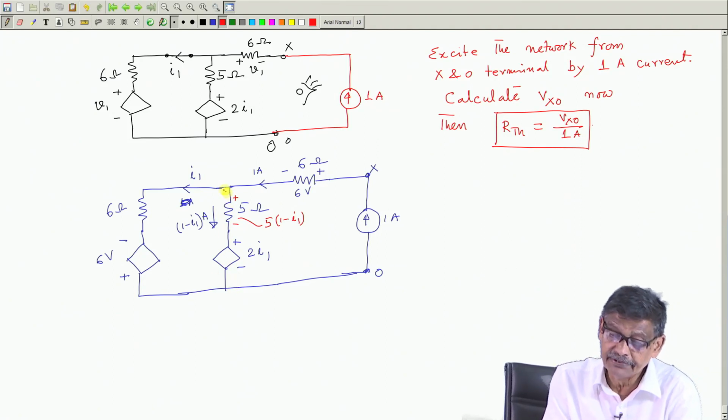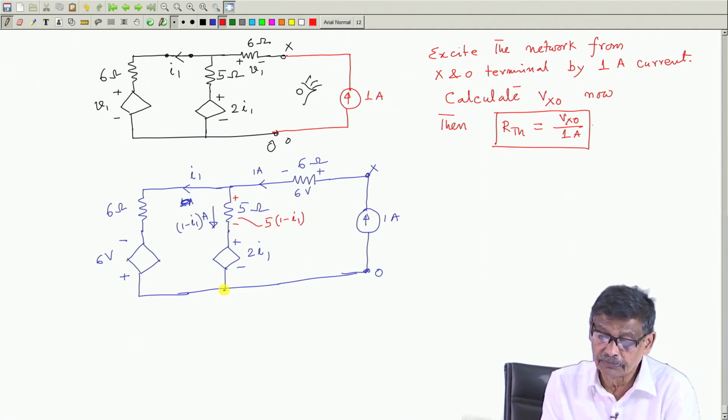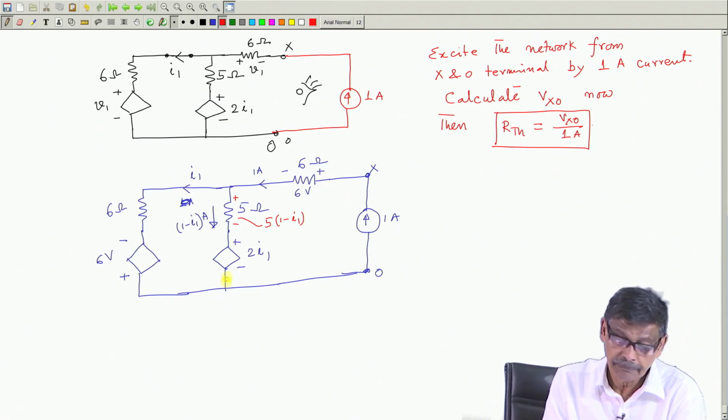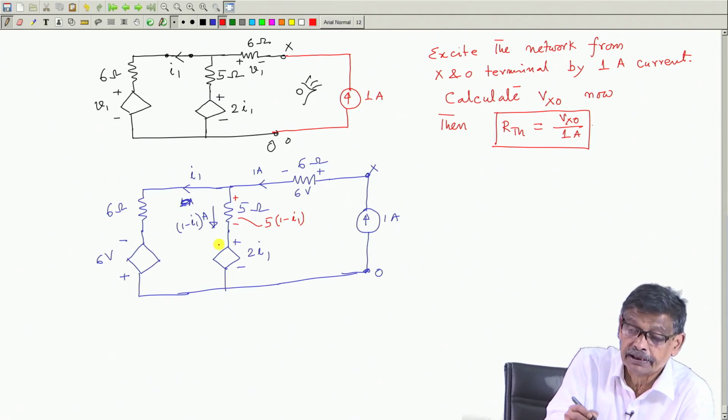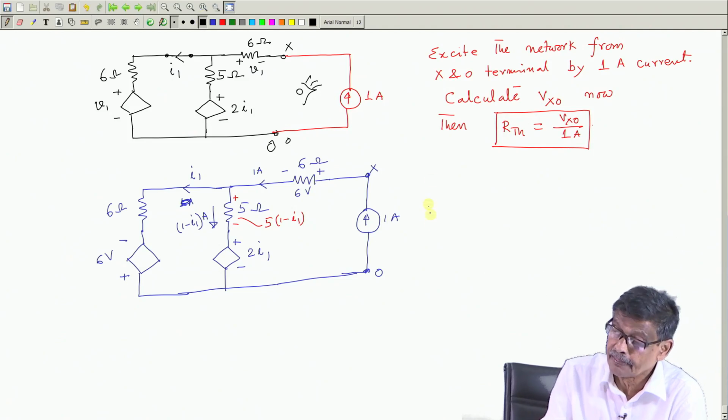Then write KVL in this loop, start from this point.